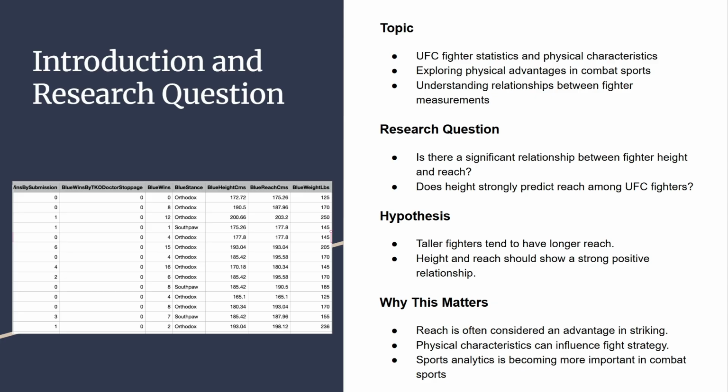Another reason this topic interests me is because sports organizations today increasingly use data analytics to evaluate athletes, as well as identifying their strengths and weaknesses and improving performance. UFC statistics provide a good example of how data science can be applied to sports. So that was basically my introduction, my research question, my hypothesis.